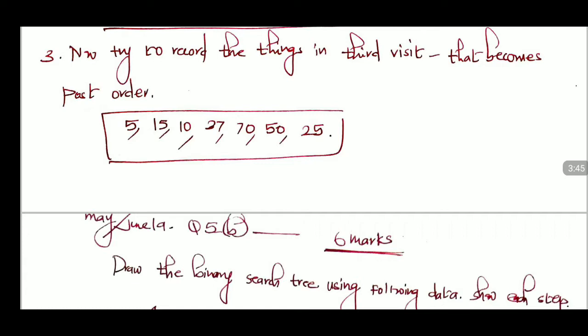Means it follows post-order, where we record left, right and node. In case of in-order, we record left, node and right, that is L, N, R. And in case of pre-order, we record node, left, right, that is N, L, R.